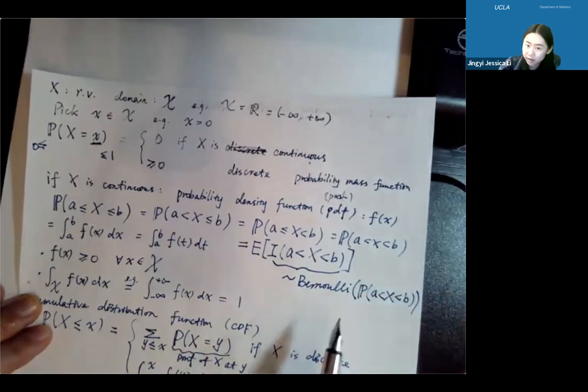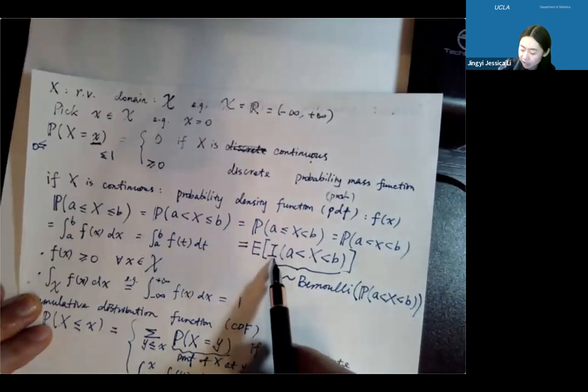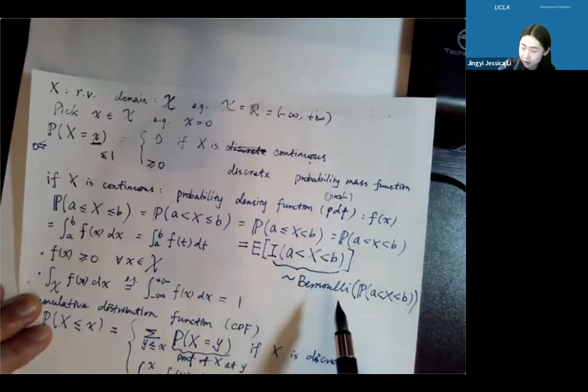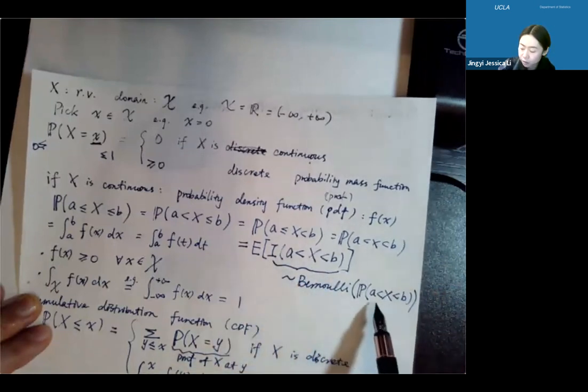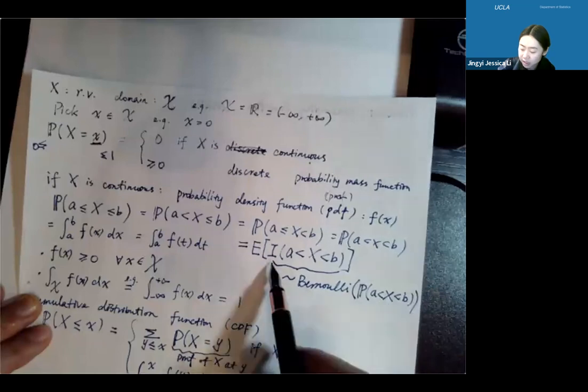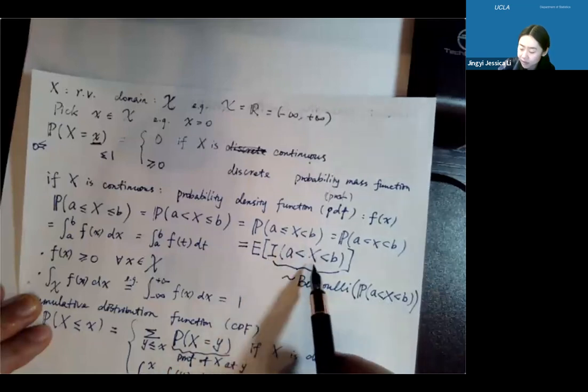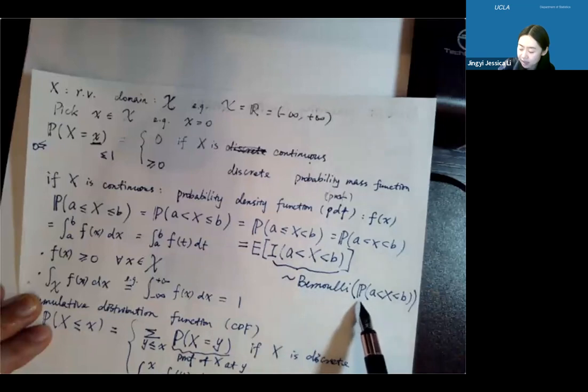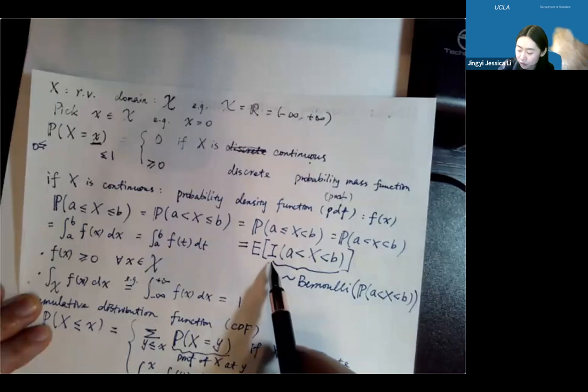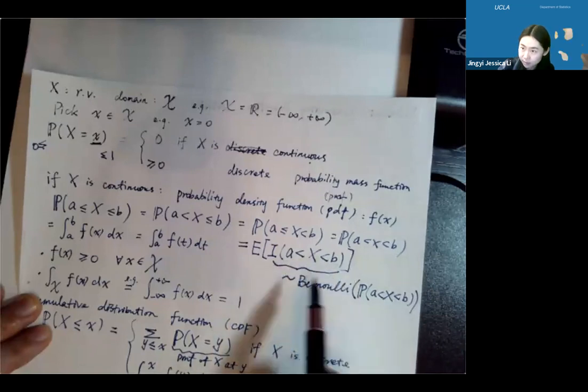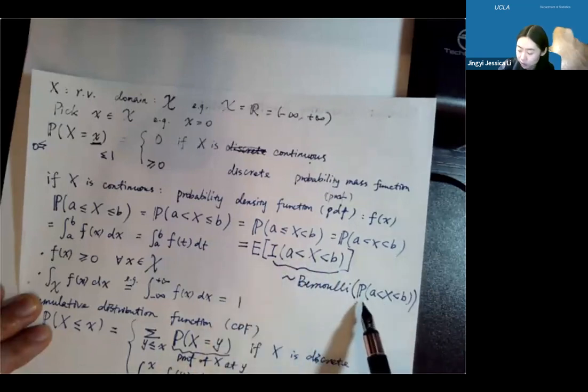So you can see why. Because this indicator is equal to 1 if and only if x falls between A and B. So therefore, its probability of taking value 1 is exactly the probability x is between A and B. And also because we know for a Bernoulli random variable, its expectation is equal to this probability.